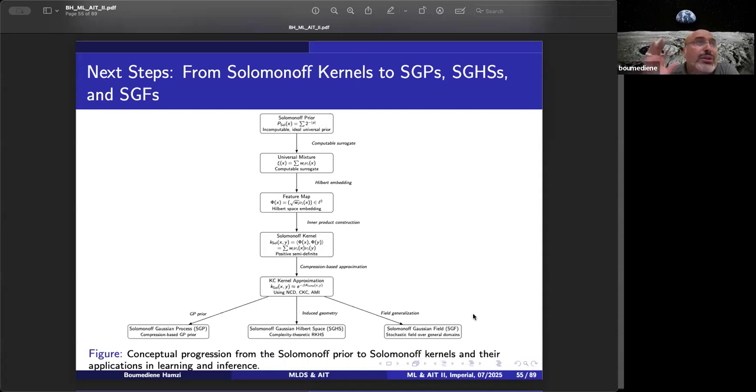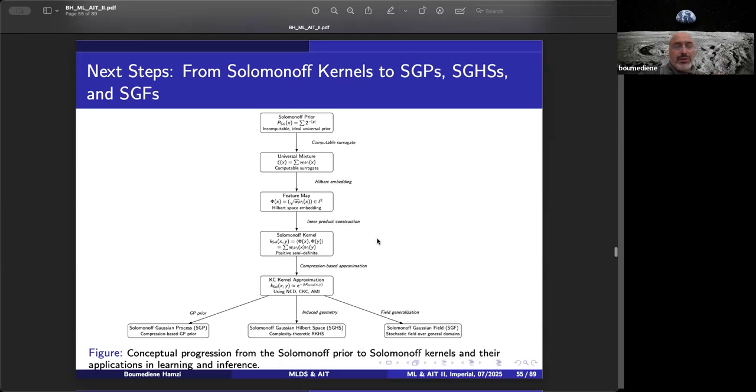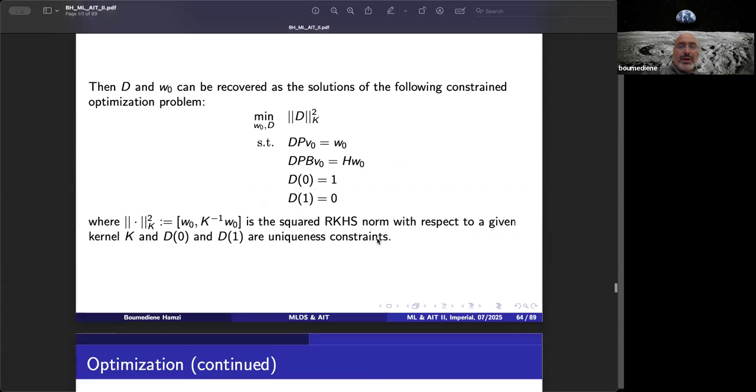So these are theoretical frameworks to make sure that we have a good interaction between AIT and machine learning from a kernel perspective by defining the right spaces. Instead of approximate kernels, we go to idealized kernels, which we call Solomonoff kernels, coming directly from the Solomonoff prior.